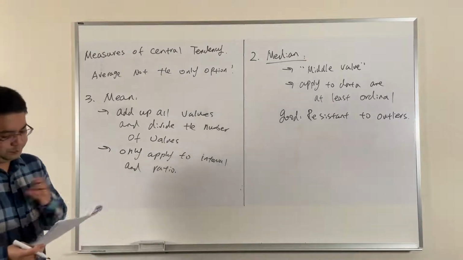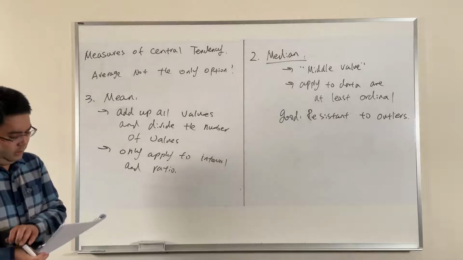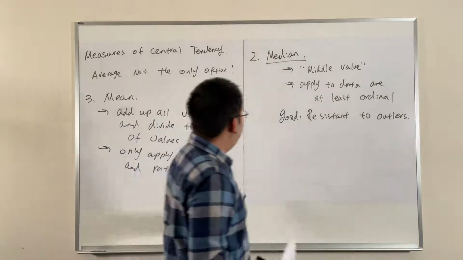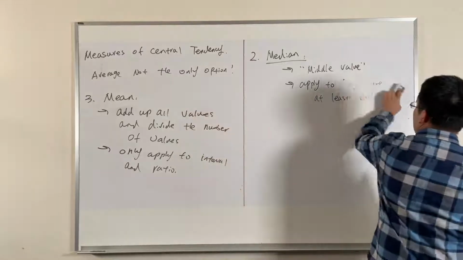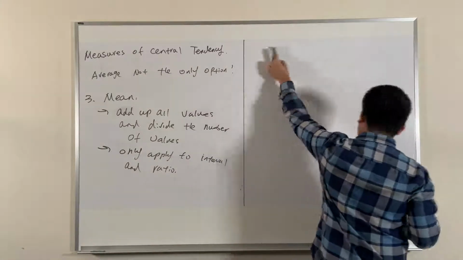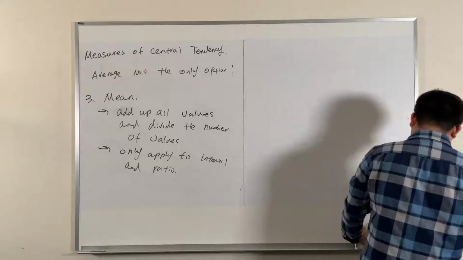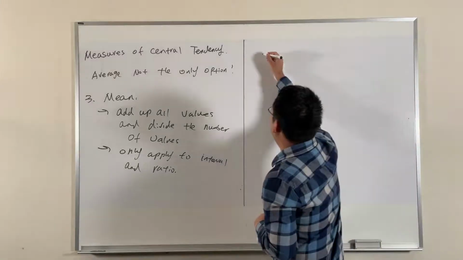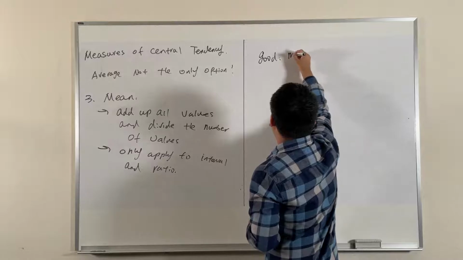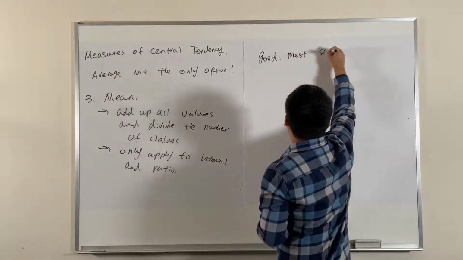You need the values to be numbers to add them up and divide. And what's good about mean? The good thing about mean is that it's very stable. It's the most stable of the three.